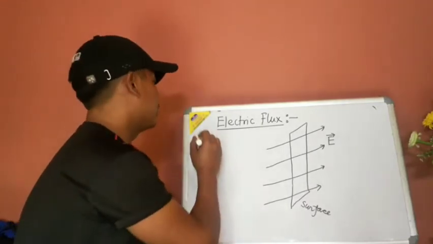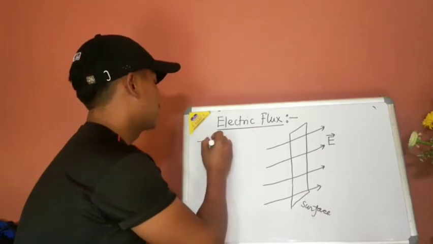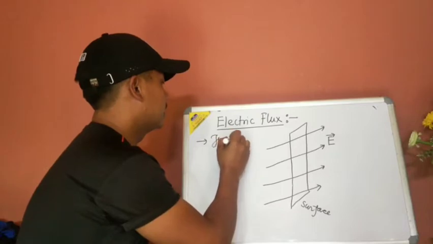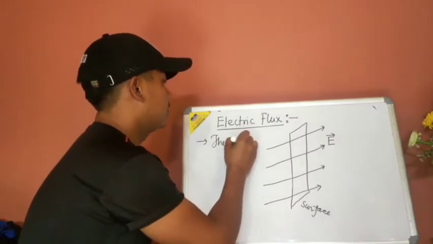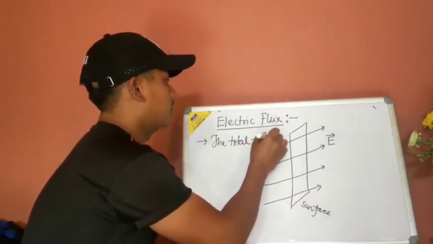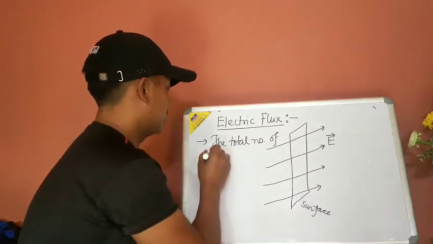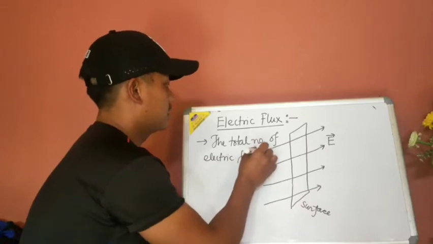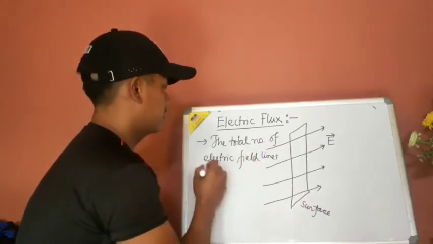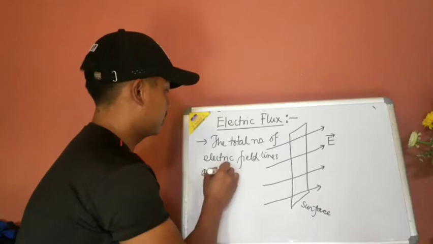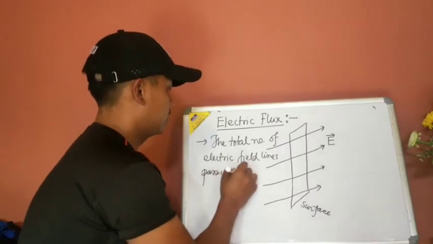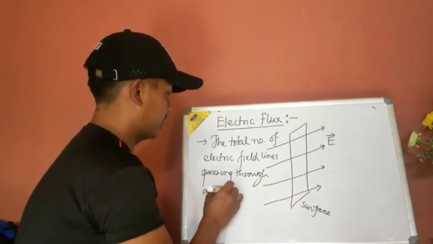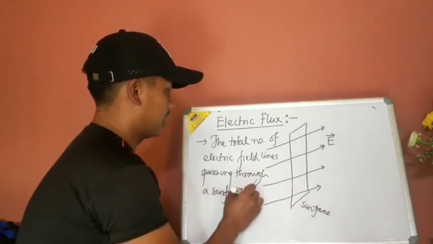So you will define electric flux as the total number of electric field lines passing through a surface, normally.